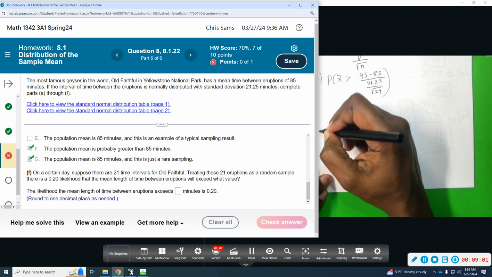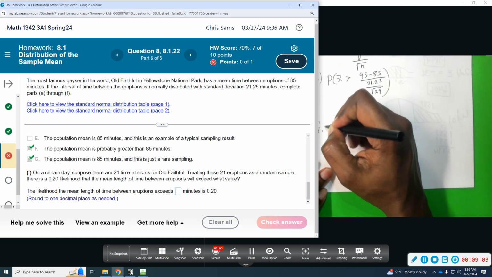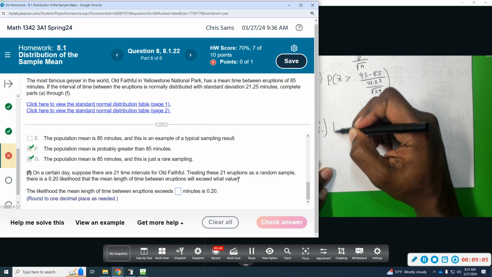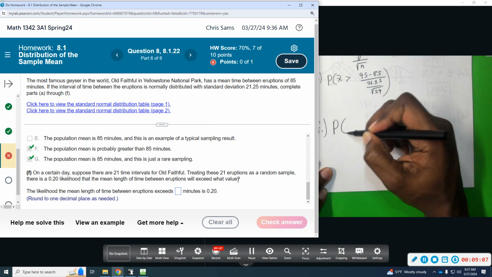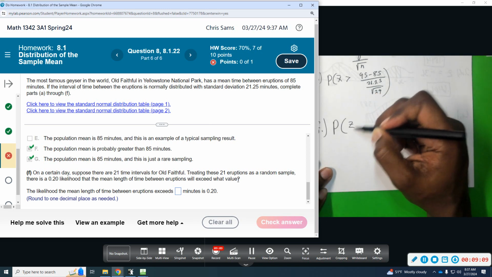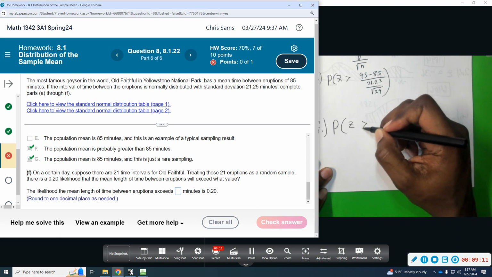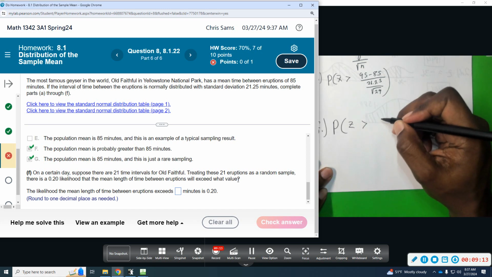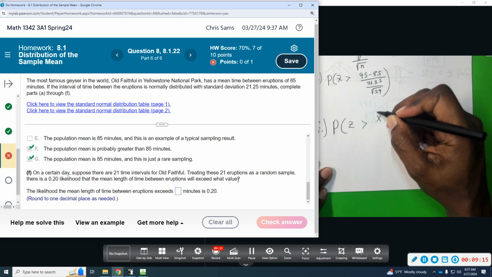So this is part F. Basically this is what they're giving us: the probability, and they've already converted it to z, is greater than some number that is going to come from here. I don't know what that number is. That's what I'm looking for.